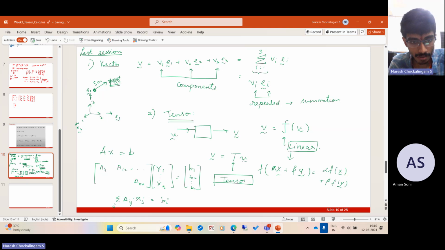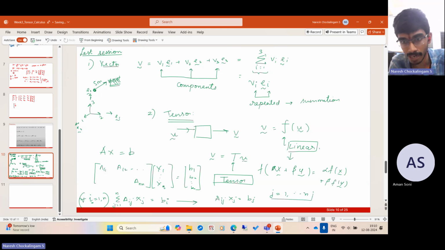The summation is over j going from 1 to n, and this holds for all i going from 1 to n. On the left hand side and on the right hand side the index i appears, and the index i is not repeated. So here also you can drop the summation. You can simply write it as aij xj is equal to bi, and the summation is implied as j goes from 1 to n.